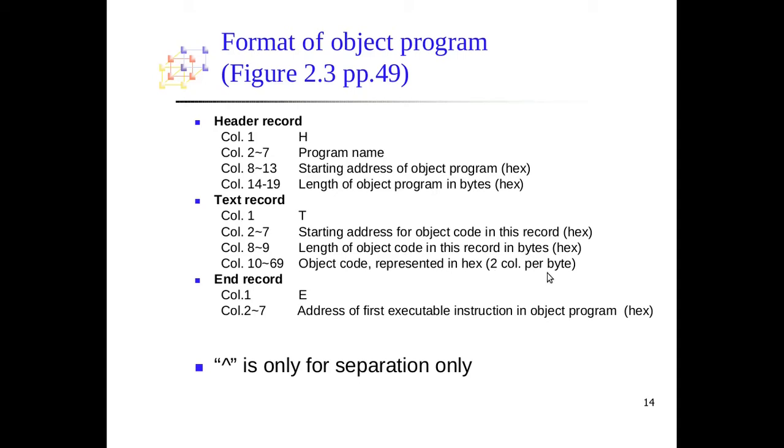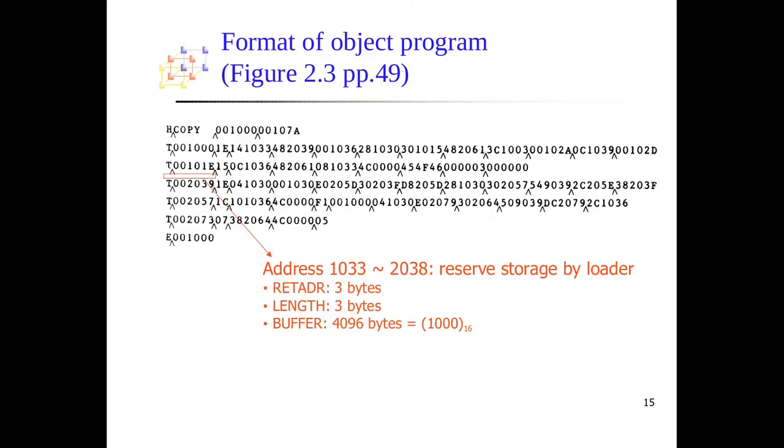So the maximum length of object code that can be stored in a text record is 30 bytes. If we have more than 30 bytes of object code, then we have to split that into 2 or more records based on the length of the machine code. This was one example of a complete object program with a header record, a number of text records, and an end record.